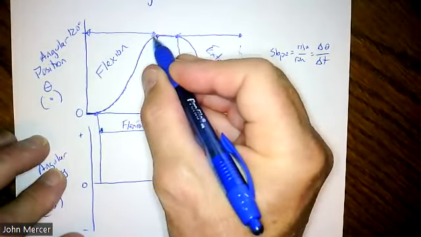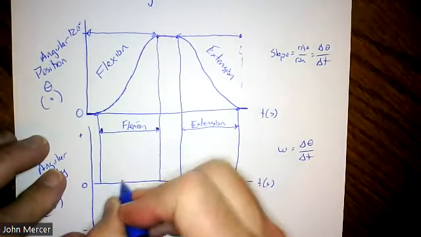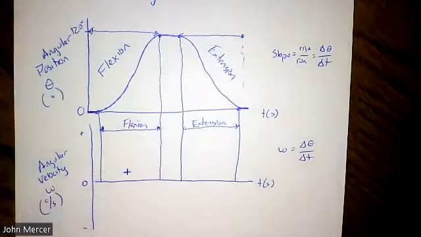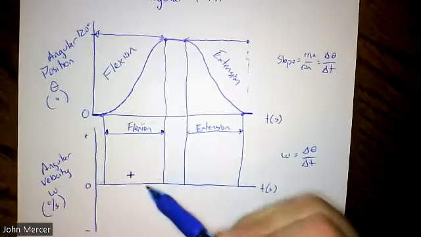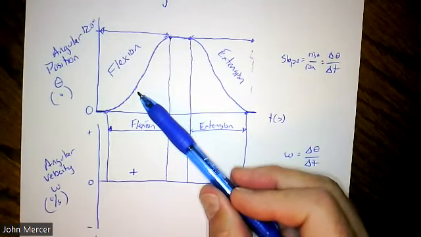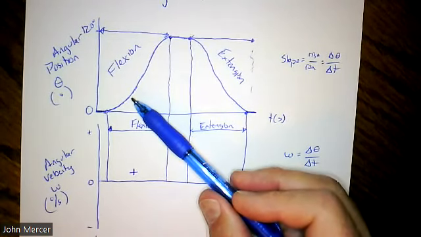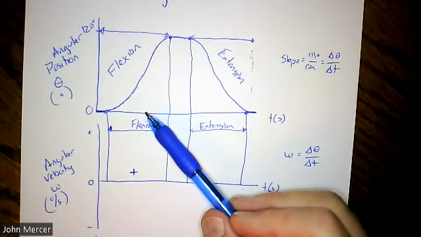They're all positive anywhere in here. And so I'll put a plus sign in here. And that's one of our first clues of what's going on with angular velocity. Angular velocity will be positive when we go through flexion, when we use the anatomical position set to 0 degrees. Anywhere where angular velocity is positive, we'll be going through flexion.